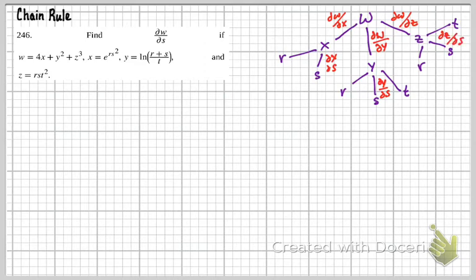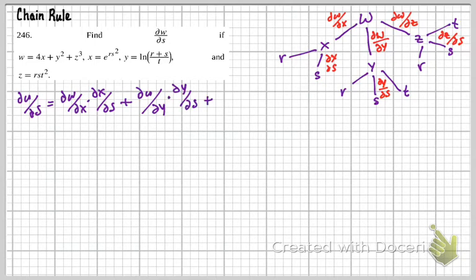And that's going to be our formula. So I'm just going to write that formula out now. That formula is going to be dw ds equals dw dx times dx ds plus dw dy times dy ds plus dw dz times dz ds.